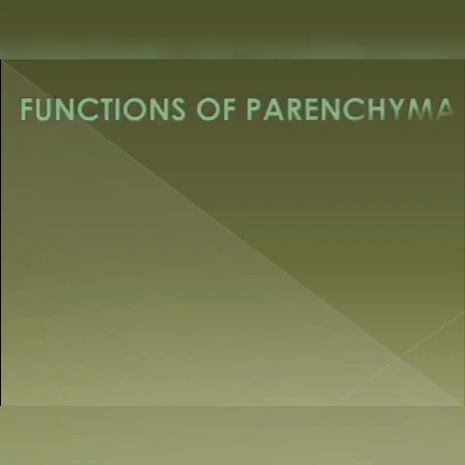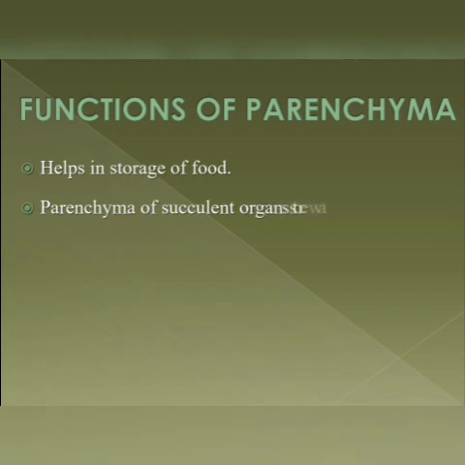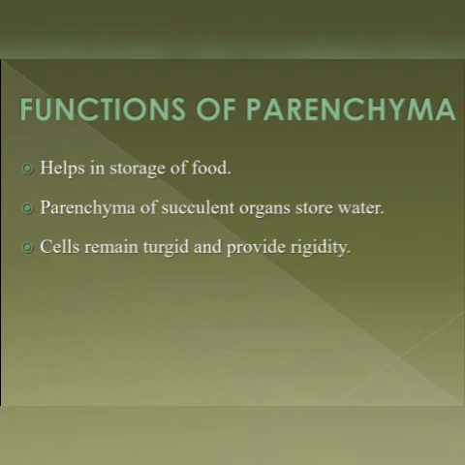Next, we will talk about functions of parenchyma. First, it helps in storage of food. So, these help in the storage of food material. Next, parenchyma of succulent organs helps in storage of water. Next, cells remain turgid and provide rigidity.